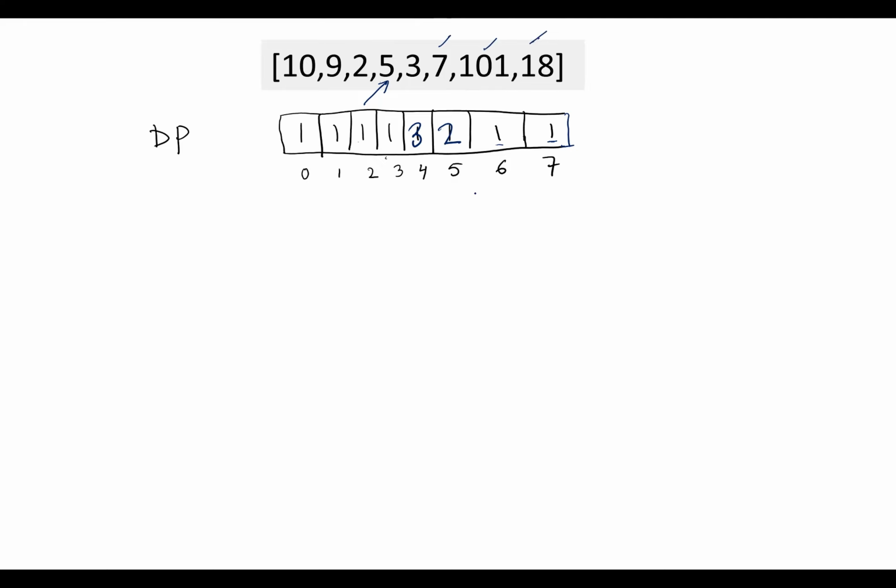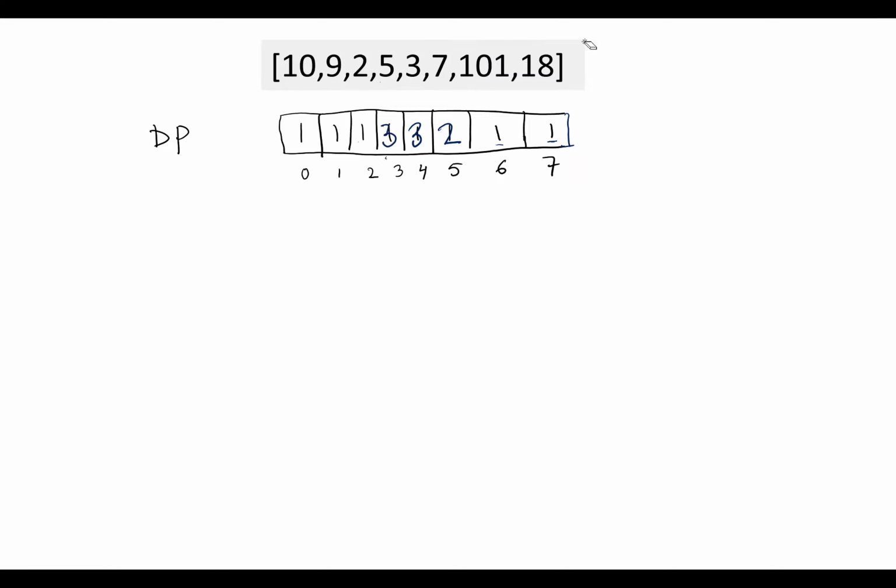So 5 can create an increasing subsequence with 3 of these. If it creates one with 18, the new subsequence length is going to be 2. If it creates with 101, that's also going to be 2, and if it creates with 7, this is going to be 3. It cannot create any increasing subsequence with this. So the highest value is 3, so that's it.